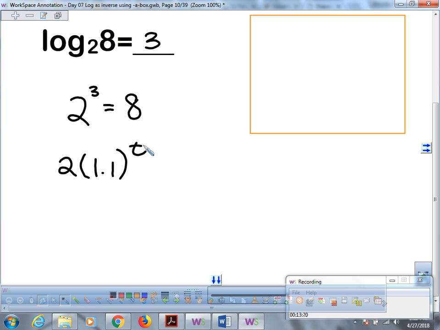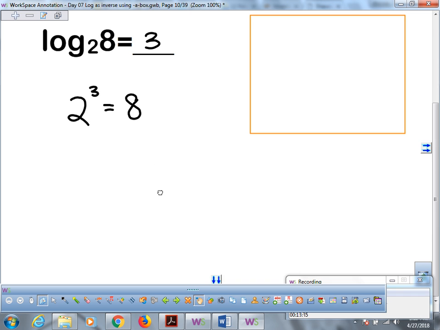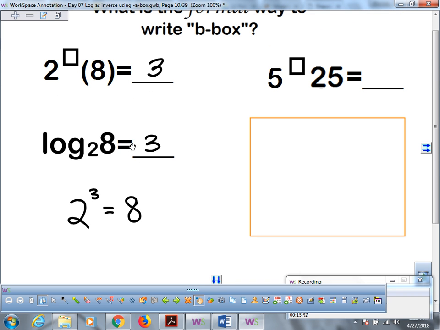Well, now we're going to use logarithms to find that t, because logarithms are exponents. Logarithms equal exponents. I'll say it again. Logarithms equal exponent. Isn't that the exponent? Yes. So the logarithm is finding the exponent. Okay, that's what we're doing. We're using the inverse to find the exponent. Yes, Jonathan?